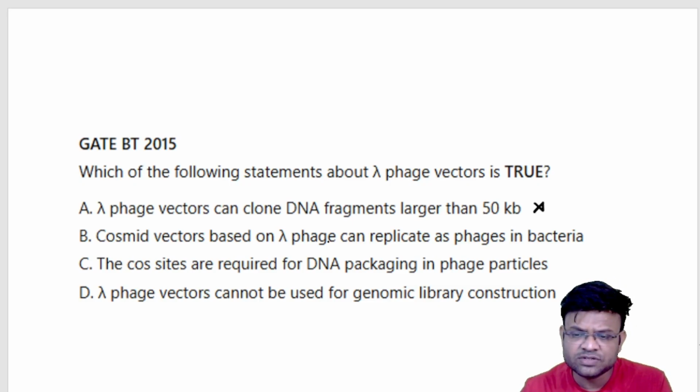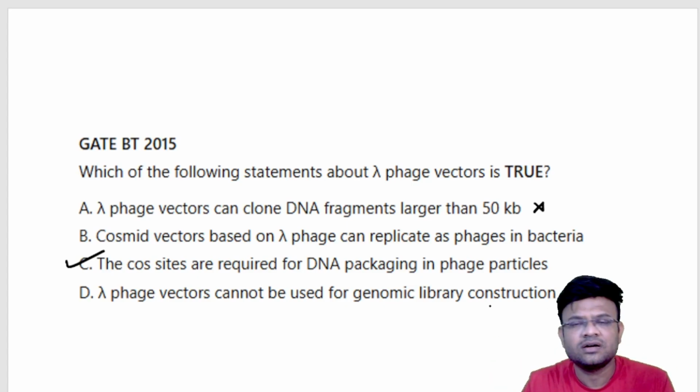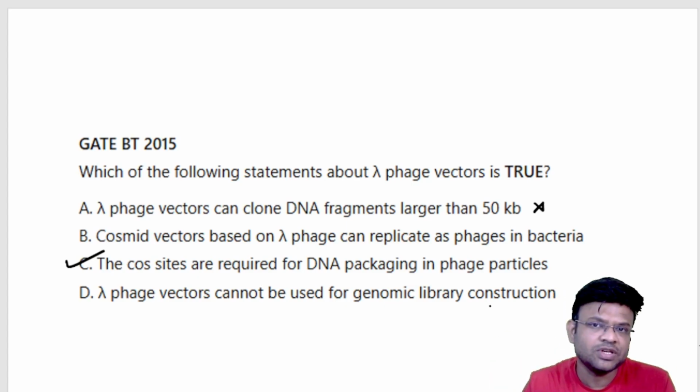Plasmid vectors based on lambda phage can replicate as phages in bacteria. Not exactly as phages. The cos sites are required for DNA packaging in the phage particle. Exactly, this is true. Lambda phage vectors cannot be used for genomic library construction, is incorrect, because of the big gene insert size. So the correct option is C.